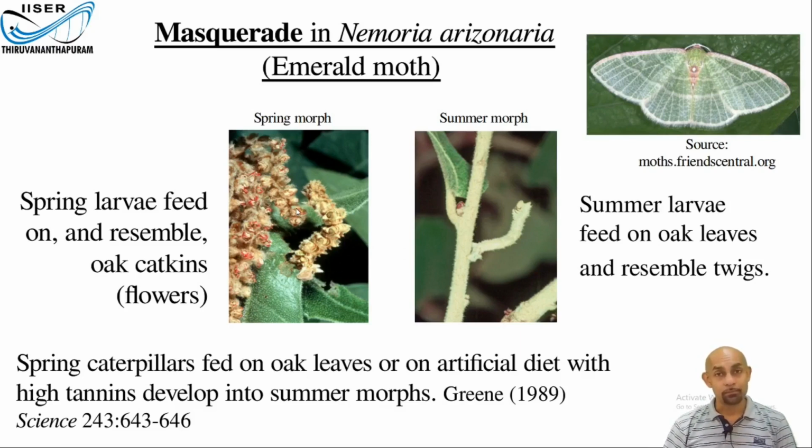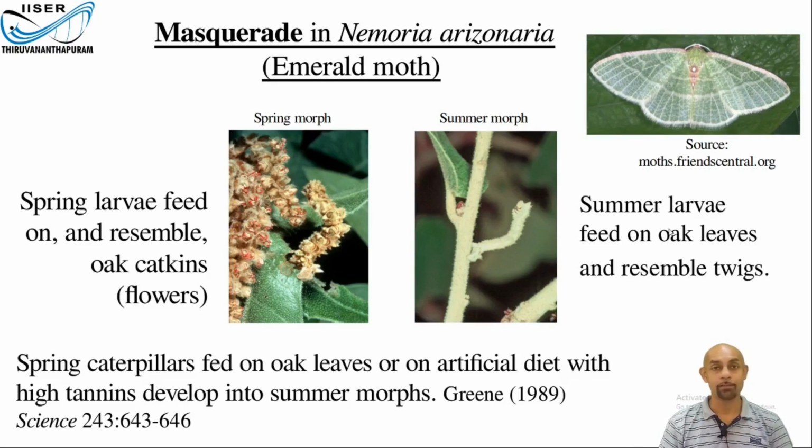What do you see here? You see that the same genotype can develop into either this morph or this morph. In other words, the same genotype can express two very different phenotypes, and this is dependent on the environment.